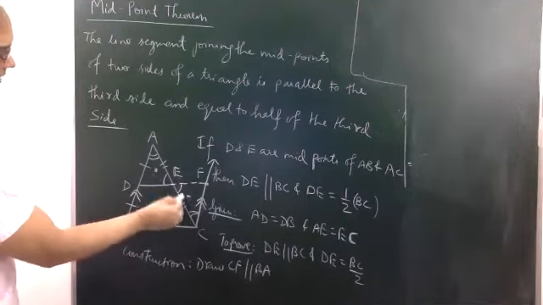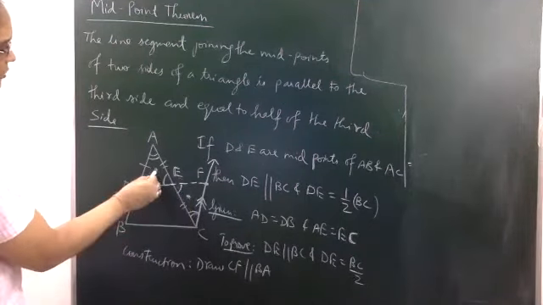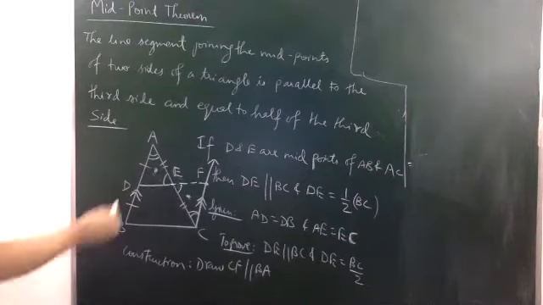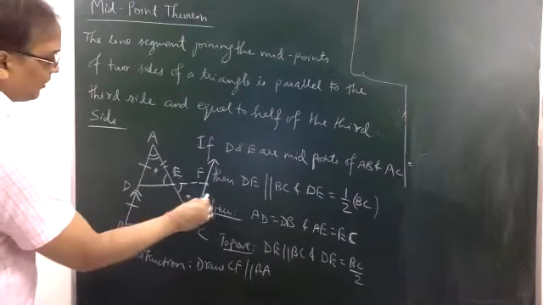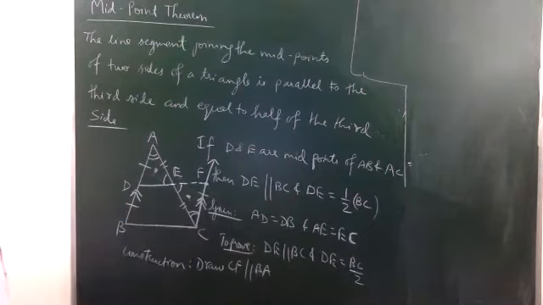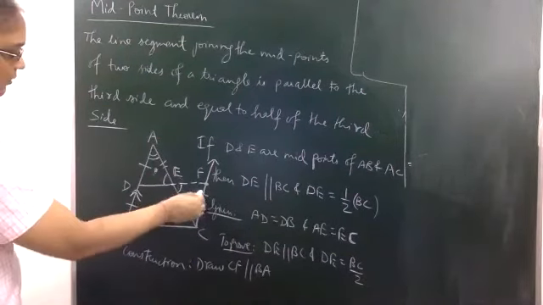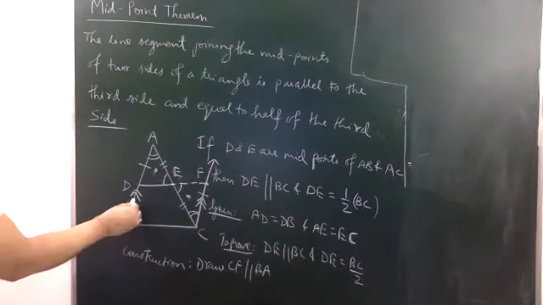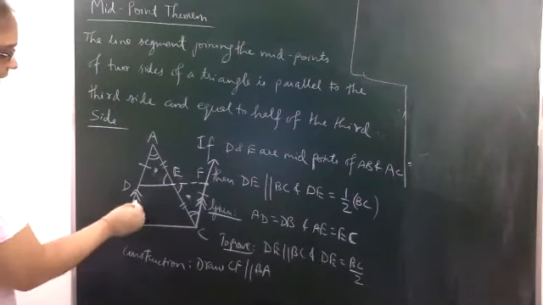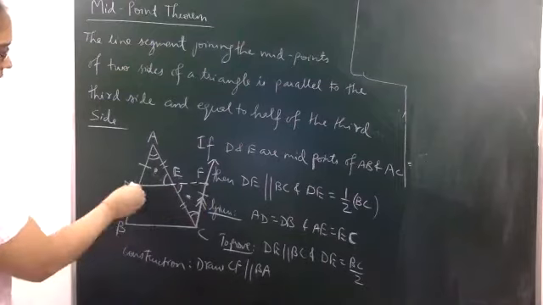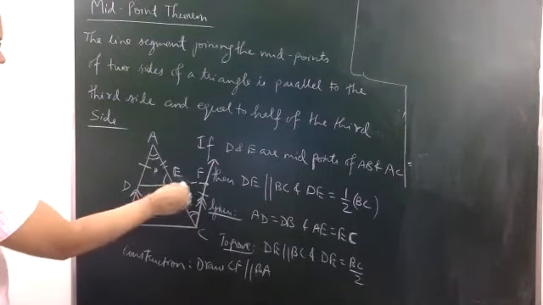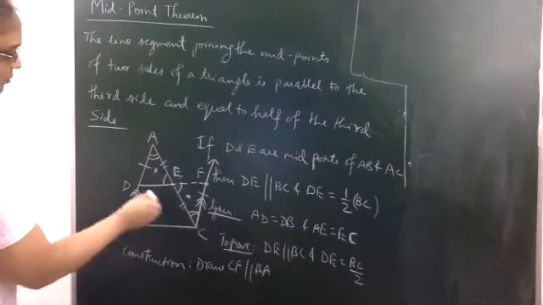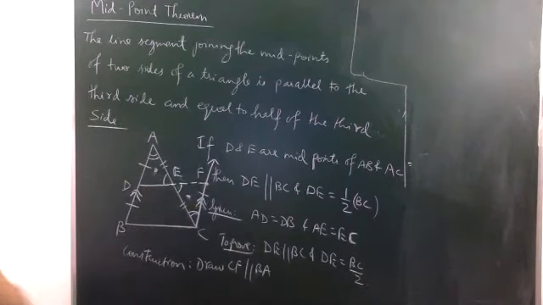So by the ASA congruence condition, these two triangles are congruent. So this side becomes equal to this side by CPCT. So this is also equal to this. So this whole thing becomes a parallelogram, since these two sides are parallel and equal. So DEF becomes parallel to BC. Let us write it and then you will be able to understand.